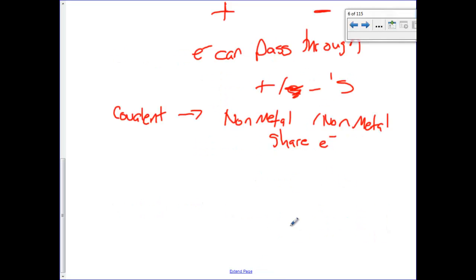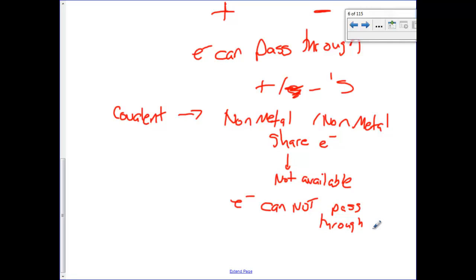Because these electrons are shared, they are not available. And because the electrons are not available, electricity can't pass through these guys. So electrons can not pass through.